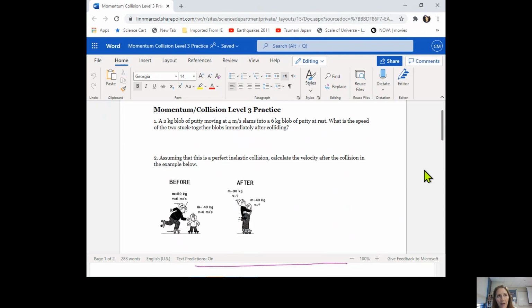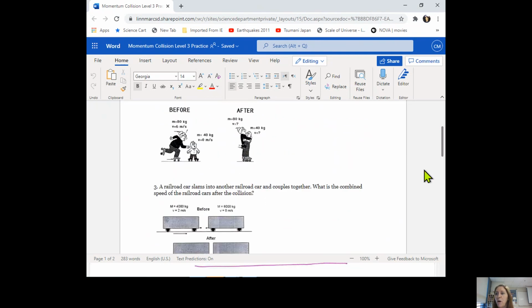In order to identify what equation you're going to use, you want to look at whether it talks about something bouncing off of each other or sticking together or starting together. And in this case, it says two stuck together blobs after colliding. So we see that word stuck together, and we should be thinking of an inelastic equation.